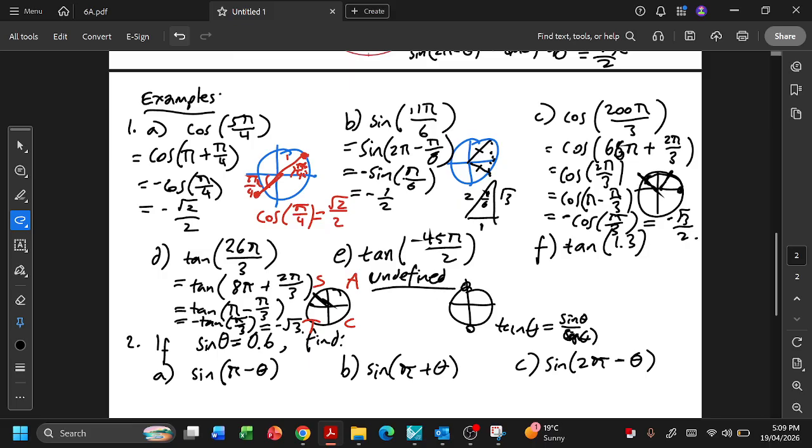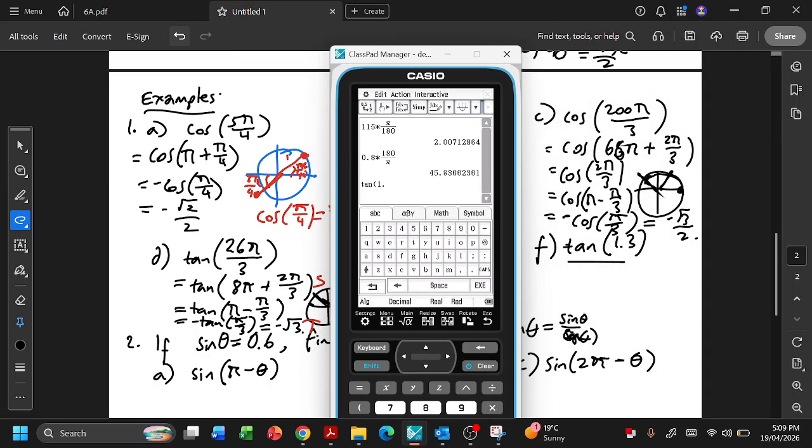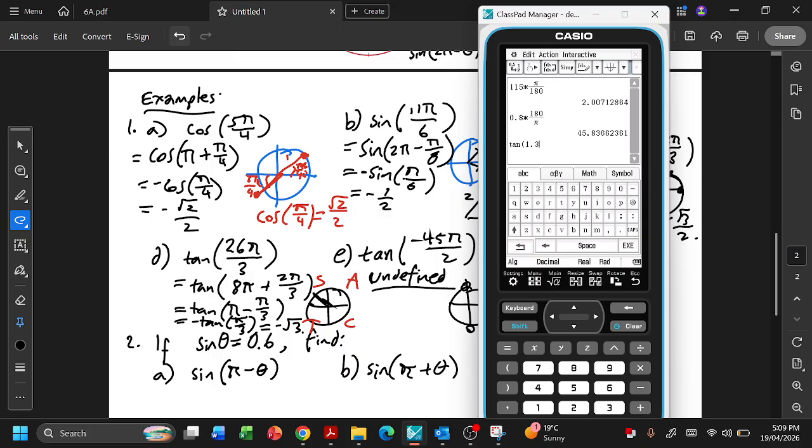Okay, and then finally, we could do this on the calculator because that would be too hard to do in our head, or using a pen. So tan of 1.3. Let's do that over here on the trusty CAS. If we're doing 1.3, it's really important that we make sure we're dealing with the correct units.